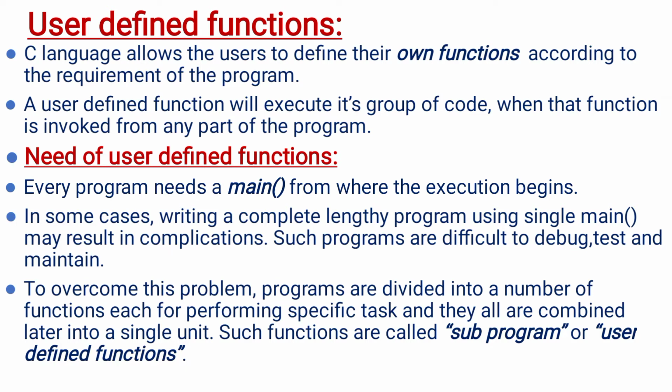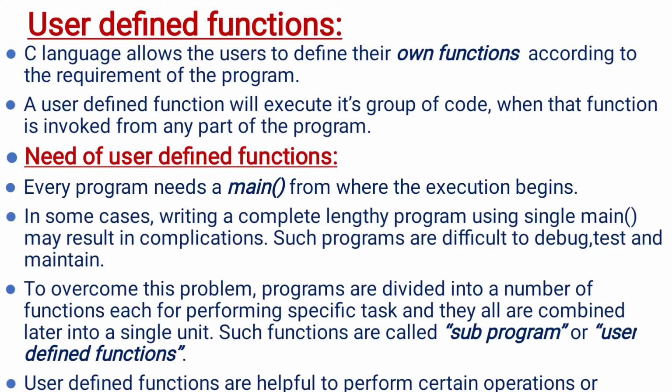All these individual functions are later combined into a single unit, and this single unit is going to be executed by the compiler. Each divided function is called a subprogram or a user defined function. User defined functions are helpful to perform certain operations. Each and every user defined function is used to perform a certain operation.